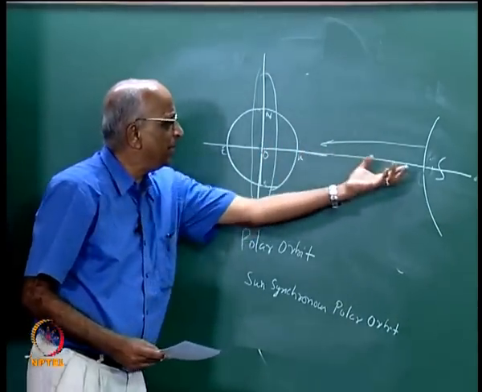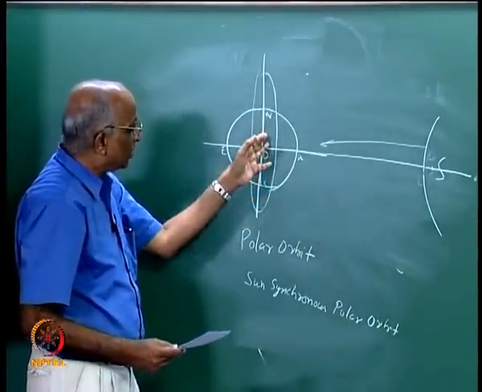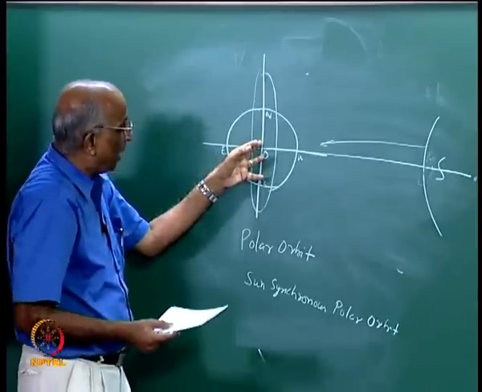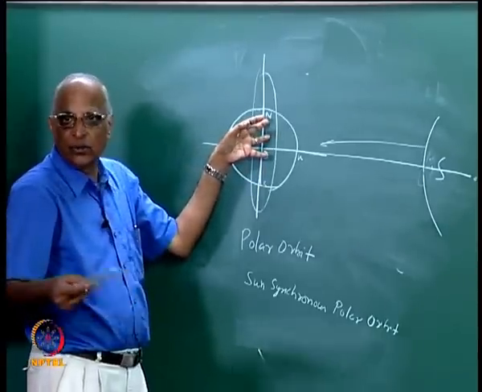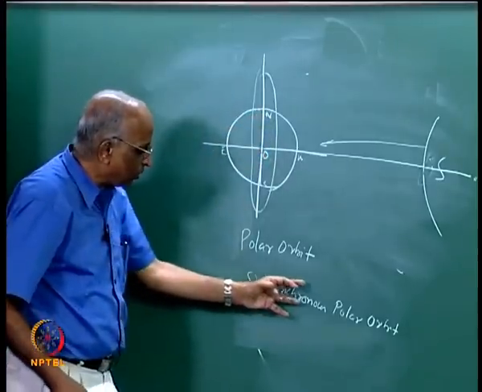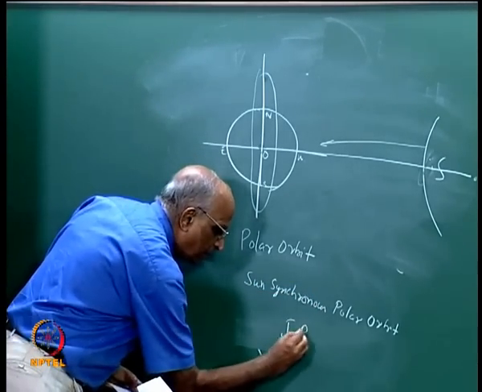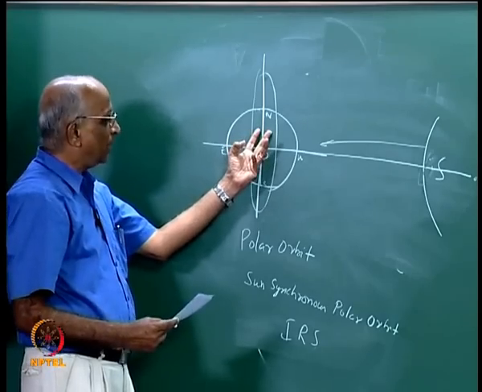If the line joining here and the polar orbit makes the same angle, the intensity of the sun which the satellite sees on the earth or any other planet will be the same, and therefore I can compare the reading of what I take today and maybe some other day. This is known as sun synchronous polar orbit. And we have in our country Indian remote sensing satellites which keep sensing or keep looking at the earth.